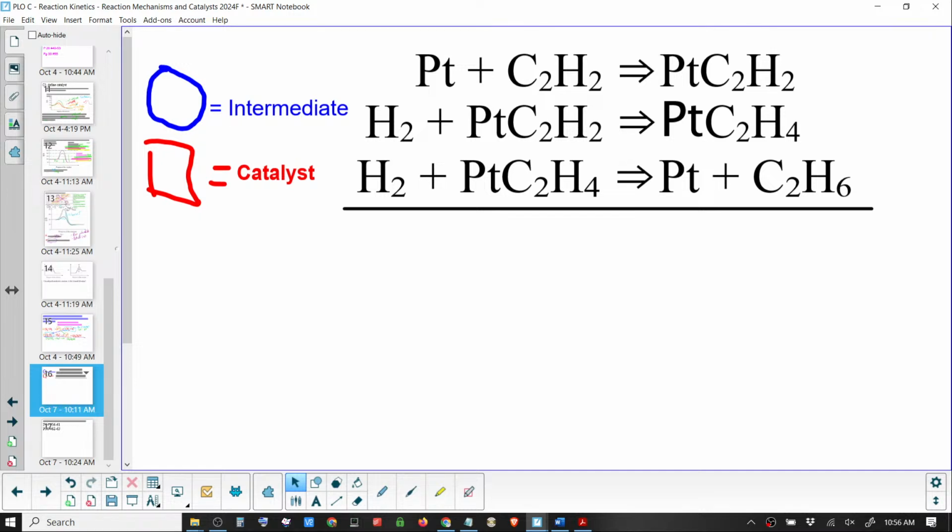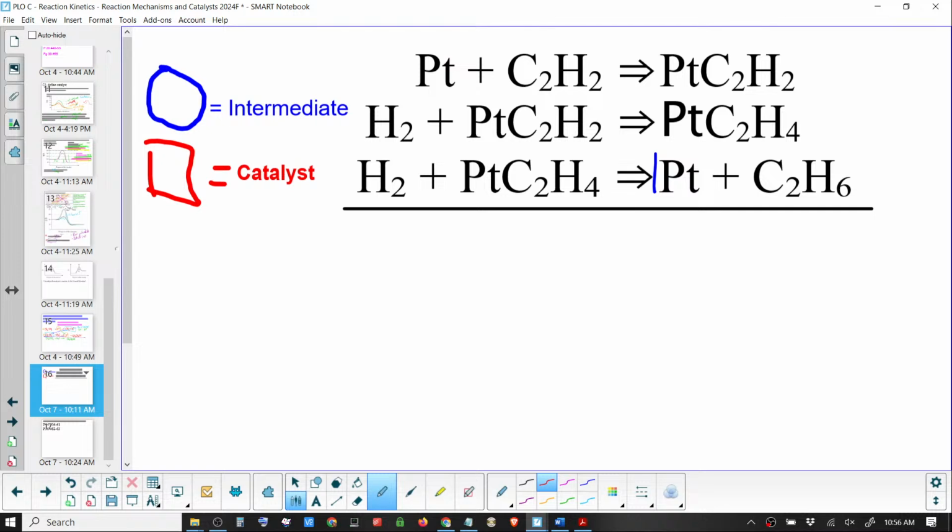Okay, we'll do the same thing. And this time I'll do it by color, red or blue, and if you're colorblind, circles or squares. Matt Wood. Either one. Me? Yeah, give me one of them. The Pt is the catalyst. Pt is the catalyst.